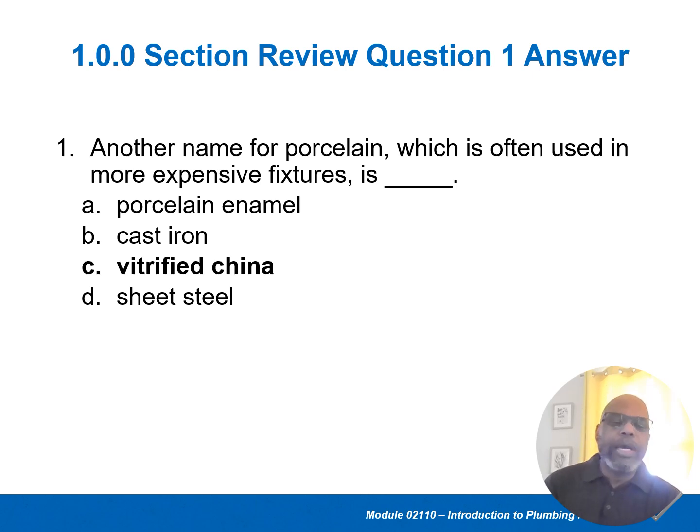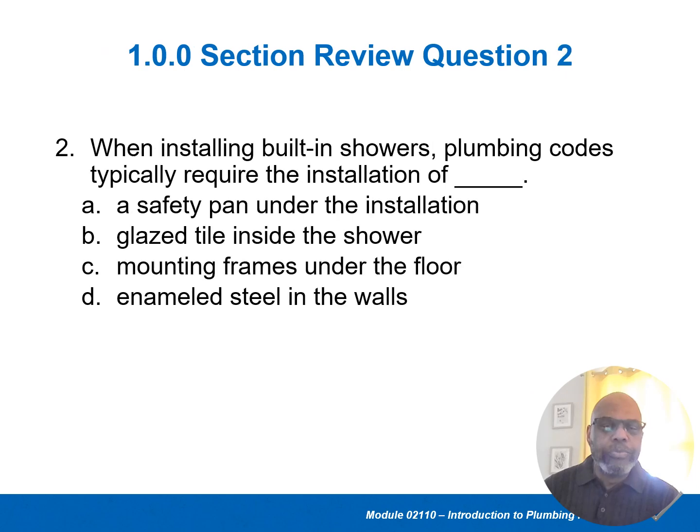It's baked on a finish at high temperatures, and then with a very shiny finish on it. It's a very beautiful finished product, but it's very durable at the same time.